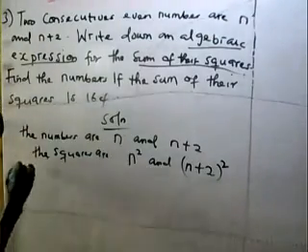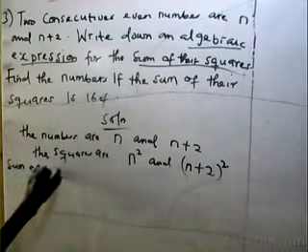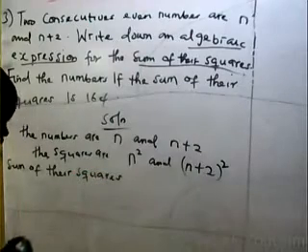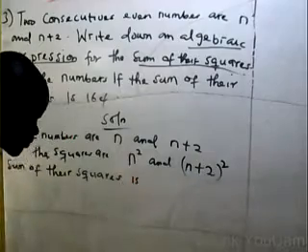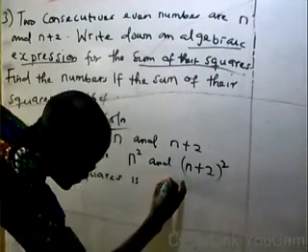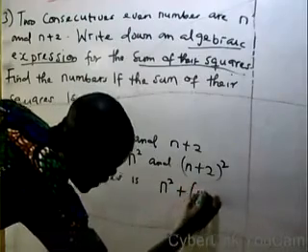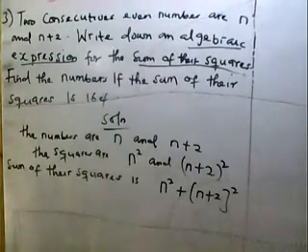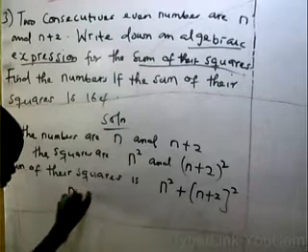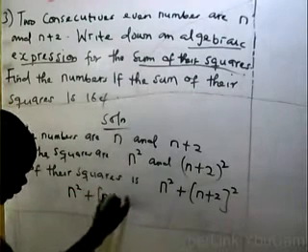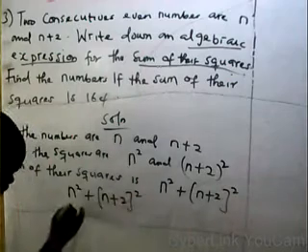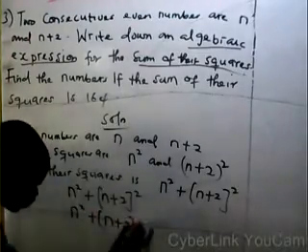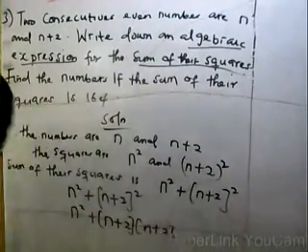So the sum of their squares is n squared plus n plus 2 everything squared. It will now be n squared plus n plus 2 into bracket n plus 2.